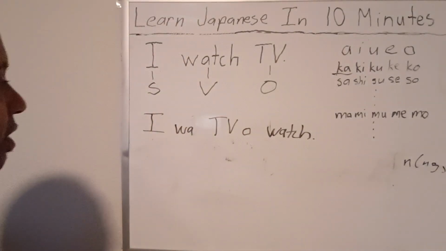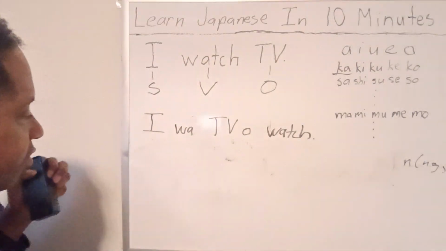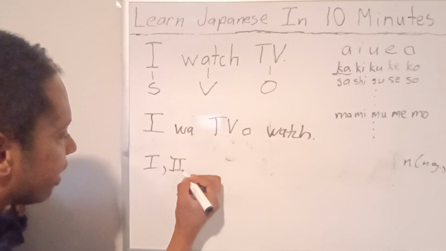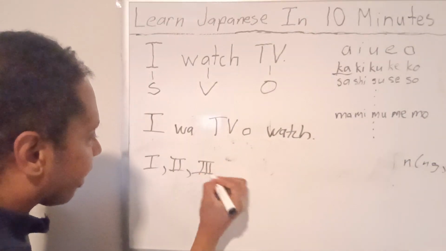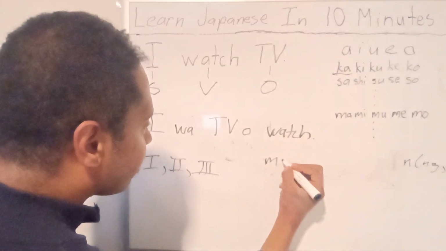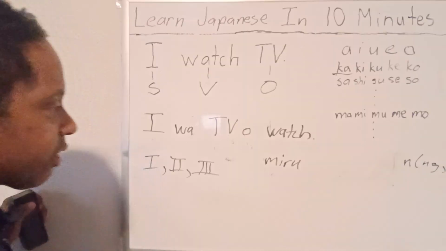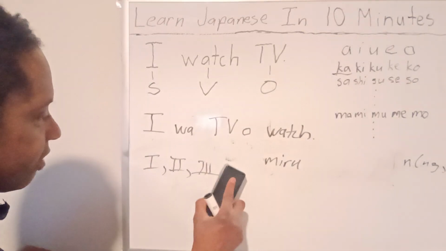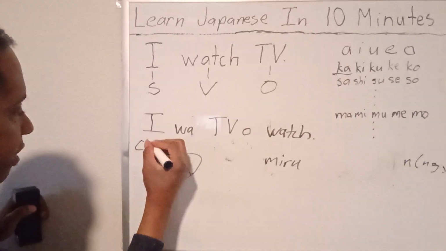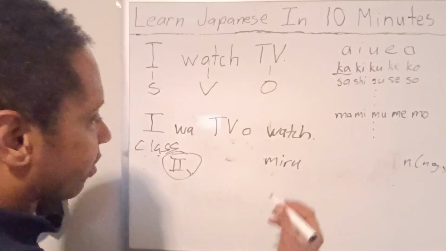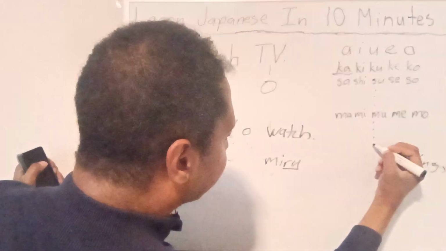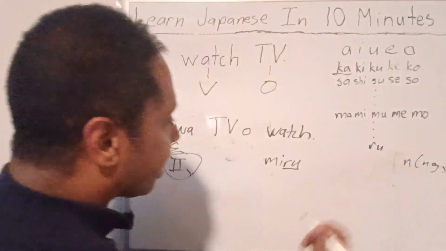So in Japanese, there are 3 classes of verbs: class 1, 2, and 3. Watch in Japanese is miru. That's the verb for watch. It's a class 2 verb. Miru ends in ru. Ru is one character.